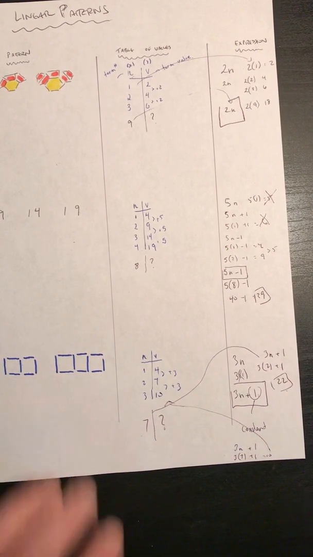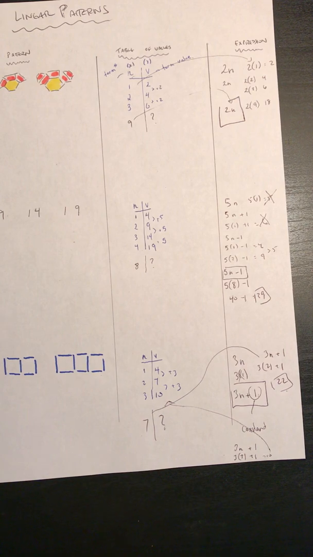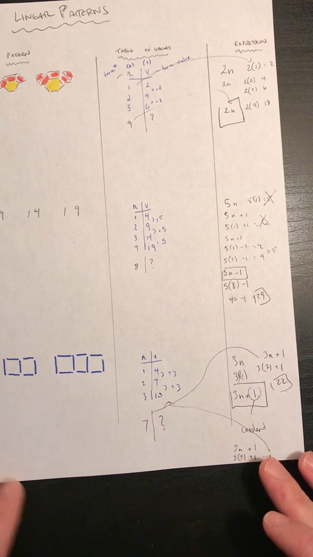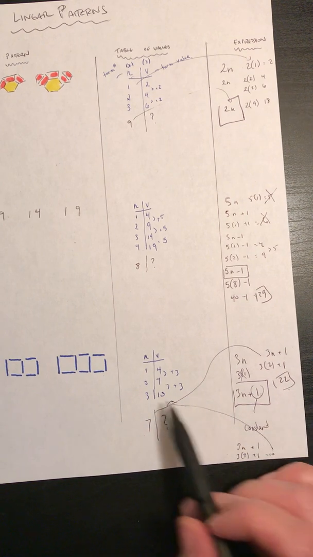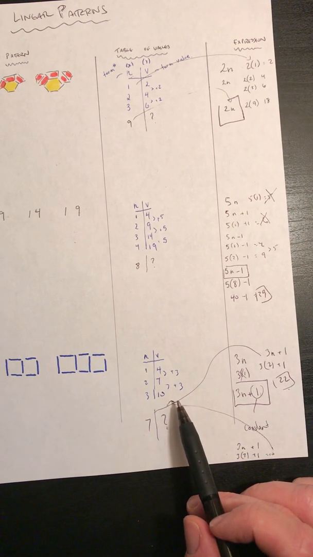Okay, so there we go. Now it looks like it's going to make sense here. That's all we do here, okay? In terms of finding the expression based on what our term number and term values are here, okay?